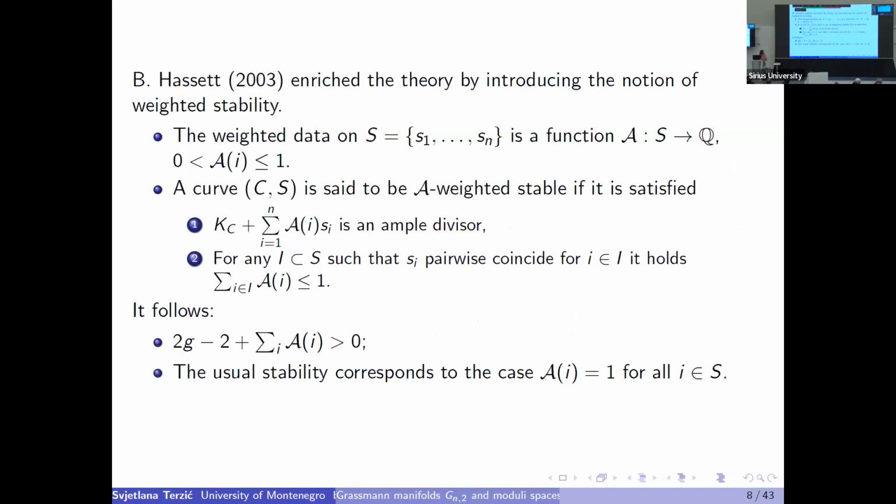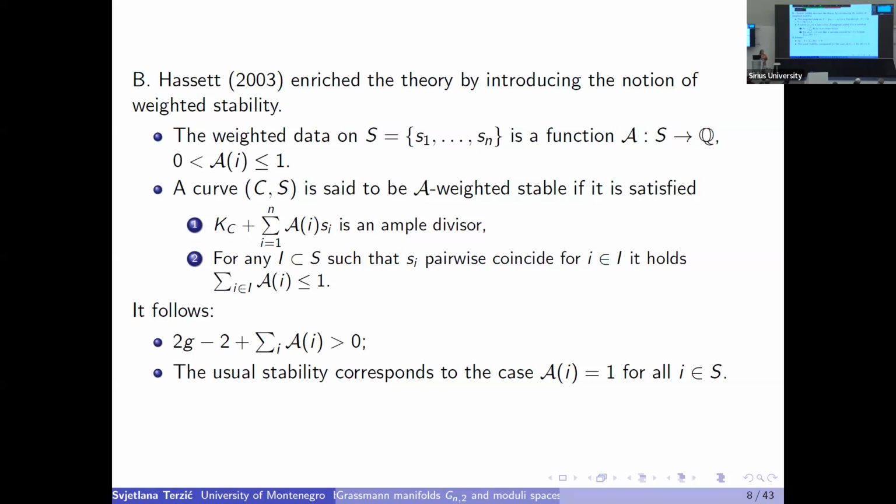the M_{0,4} compactification, which is CP^1 minus 3 points, is just CP^1. And then why was I talking about this? Brendan Hassett in his paper actually enriched this theory by introducing the notion of weighted stability. He considered a generalization of these stable n-pointed curves, and he assigned data to the marked points. The weight data on a set S is a function from S to rational numbers.